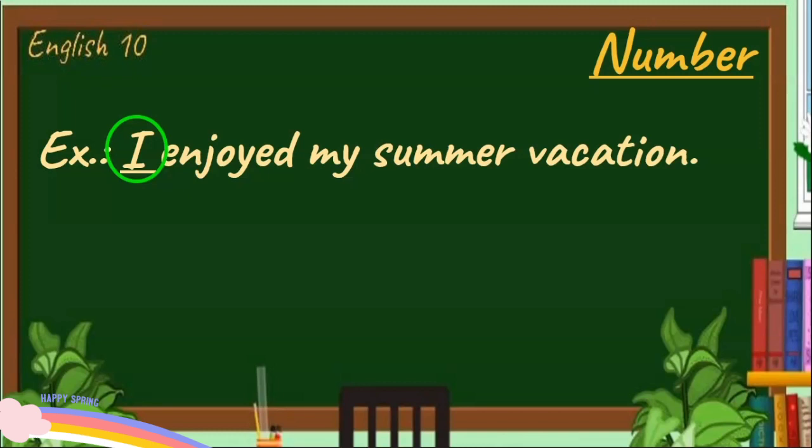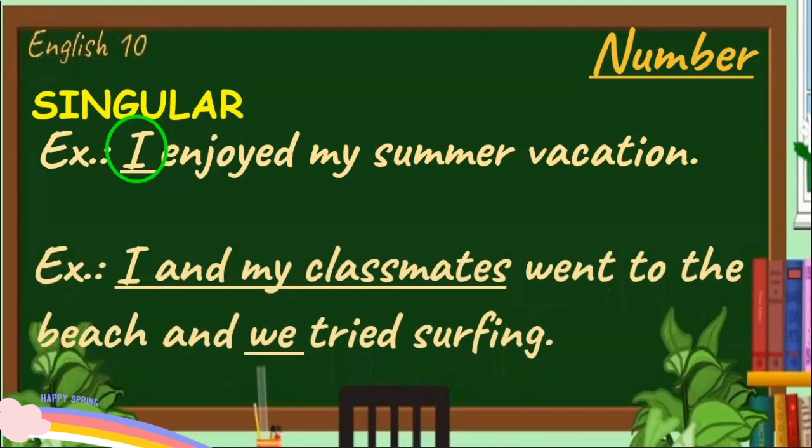I am only one. So I, here as a pronoun, is considered singular in number. Let's try another sentence. I and my classmates went to the beach and we tried surfing for the first time. Where are the pronouns? I have here I and we.